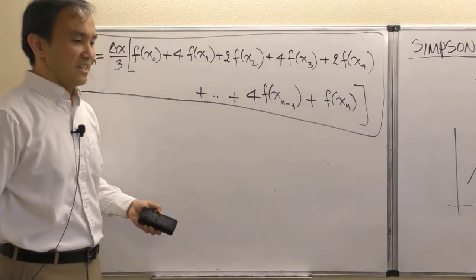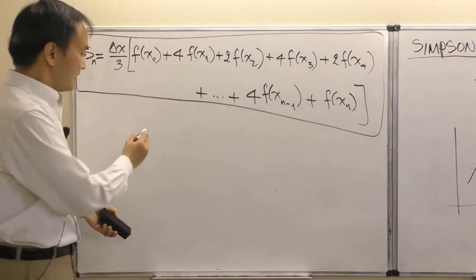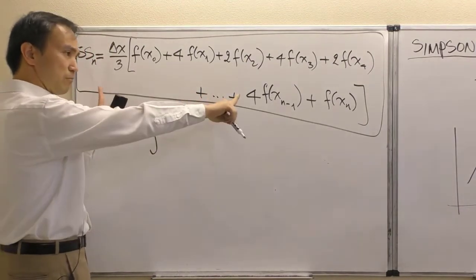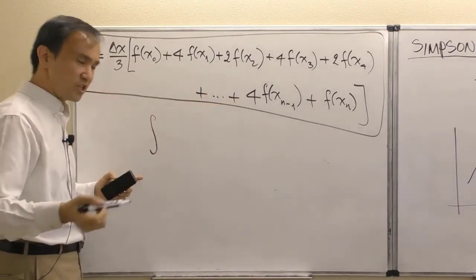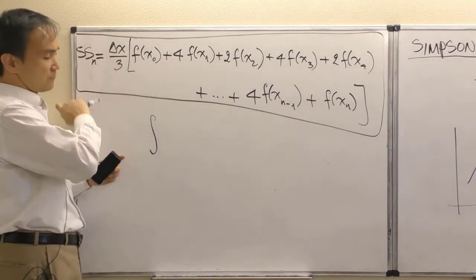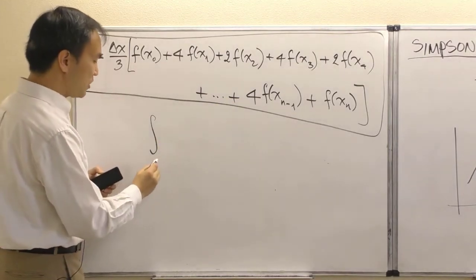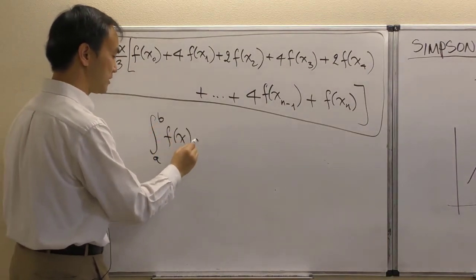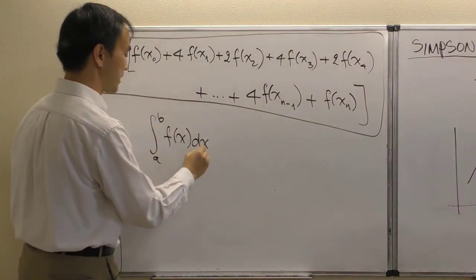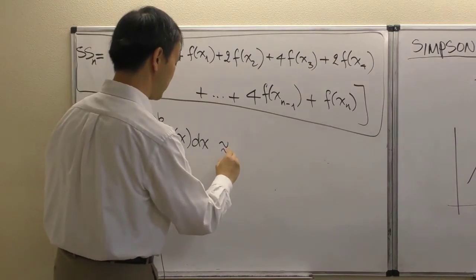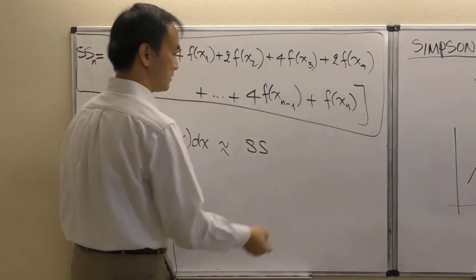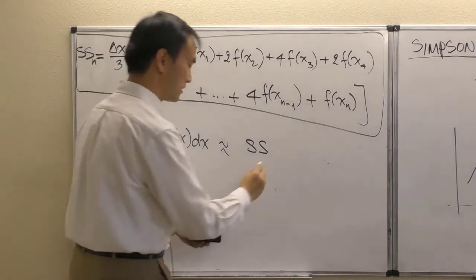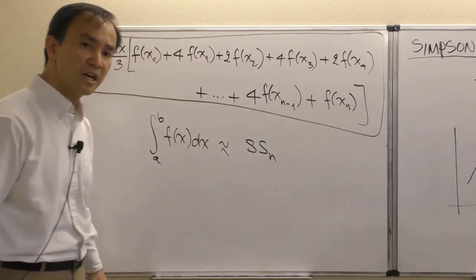All right, and so again, once we complete a Simpson's rule using any specific number of subintervals, it will never be the actual answer to our integral problem. Our definite integral problem can only be approximated by the answer that came out from a Simpson's rule calculation using n subintervals.